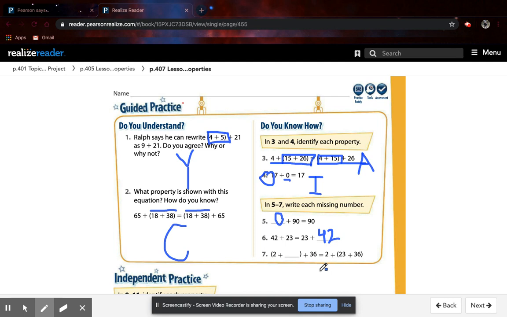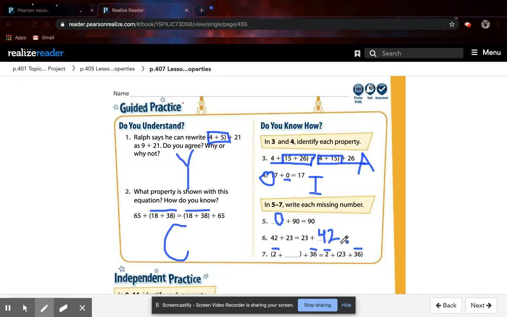And last but not least, for number 7, what number would I have to add to make this equation correct? I see that I have a 2 here, and I have a 2 on the other side. So I've already used a 2 on both sides of my equal sign, so I'm good. I've used a 36, and I've used a 36. So again, 36, I'm good.